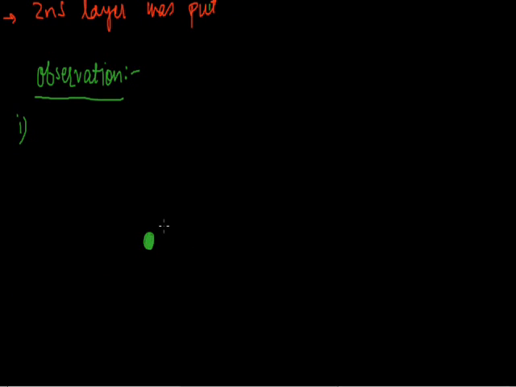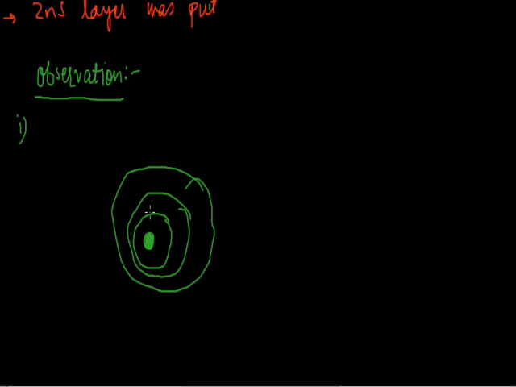Suppose this is a nucleus and there is the shell in which electrons are moving. If you compare the volume of this nucleus to the volume of the atom except the nucleus, we can see easily that the volume of the nucleus is very small as compared to the volume of the atom. So most of the space of the atom is empty. That's why 99% of alpha particles pass through the atom undeflected. Hence there must be a large empty space within the atom.